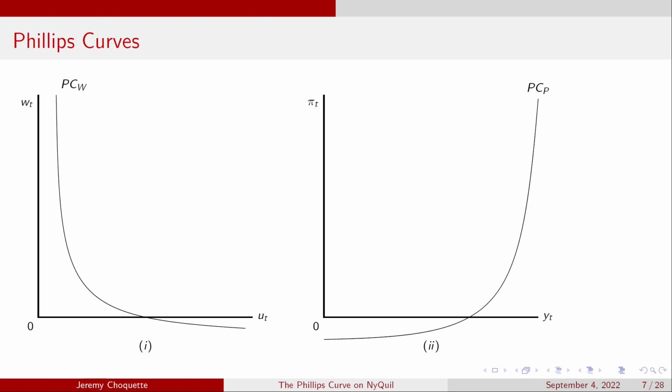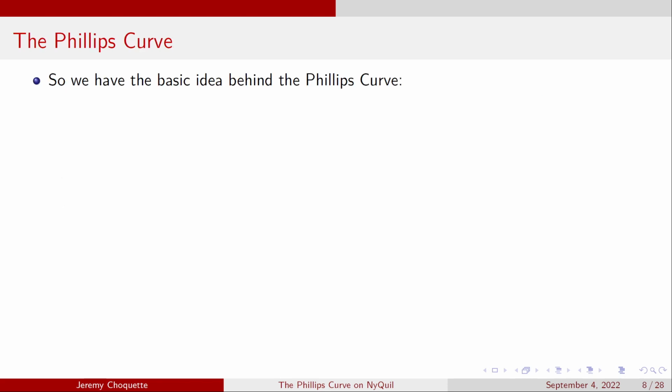One is the Phillips curve in wage inflation and unemployment space, and the other is the Phillips curve in inflation and output space. It is downward sloping in inflation and unemployment space, and it is thus upward sloping in inflation and output space.